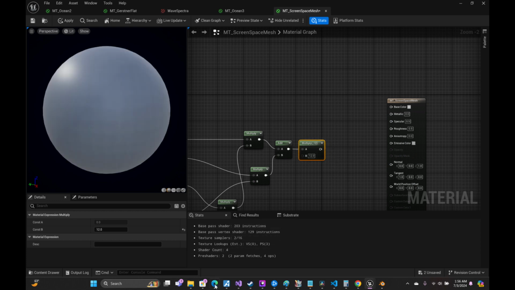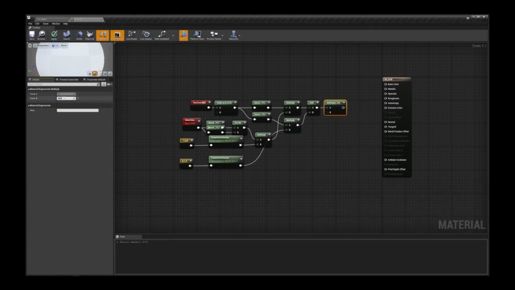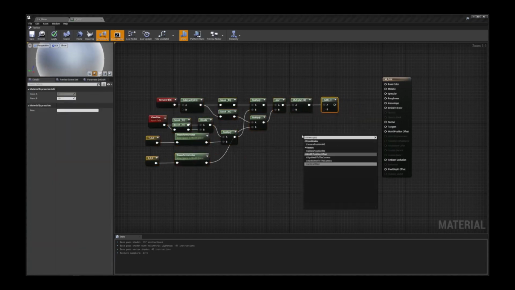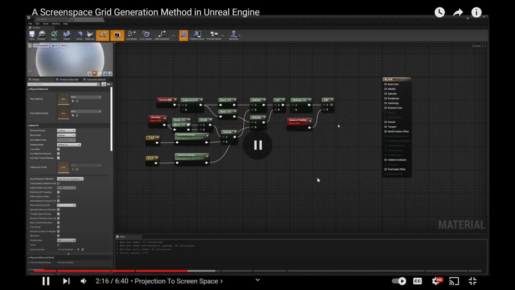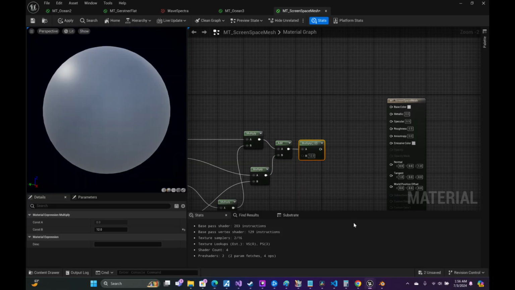Okay, just the right value for me. Not sure why 12 specifically, to be honest, so feel free to tweak this value if needed, I guess. Then add the camera's position. Cool, I've reconstructed the world position. Add the camera position.